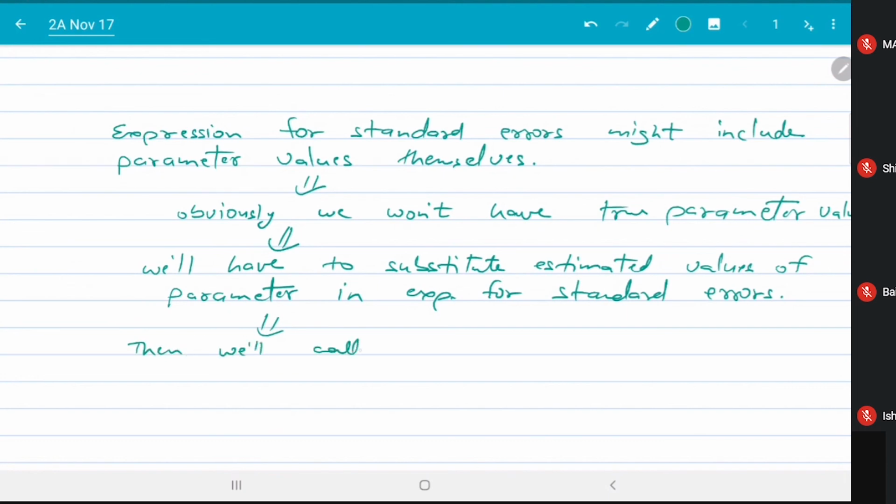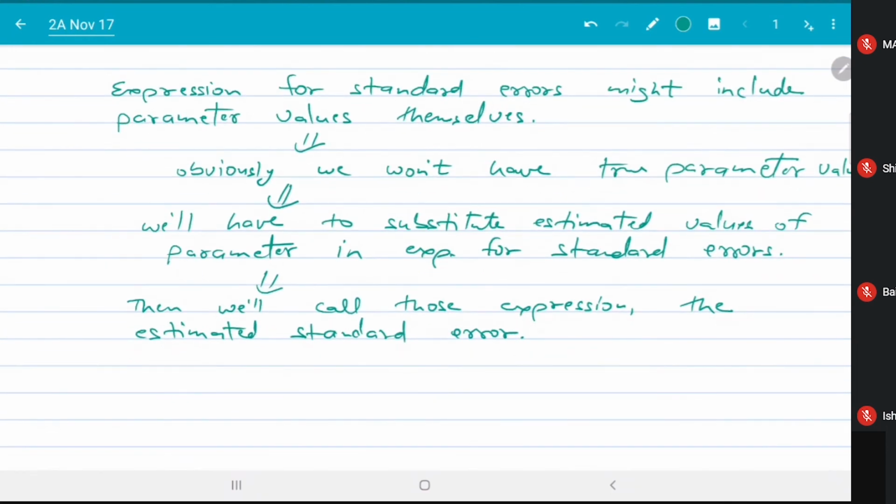Then we'll call those expressions the estimated standard errors. Again, this would happen a lot in econometrics.